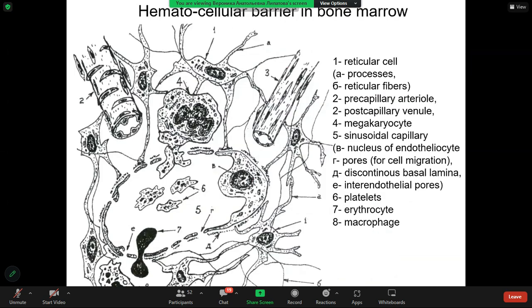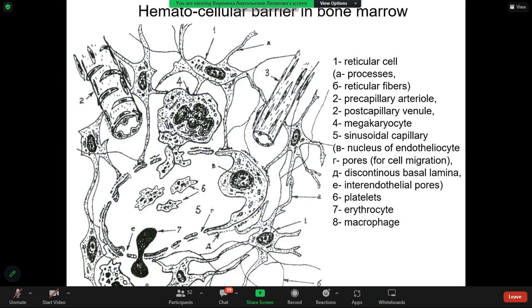This picture illustrates interrelations between arteriole and venule, and pay your attention, the diameter of arteriole is more than diameter of efferent venule. That's why, as a result of higher blood pressure, the lumen of venule is always open.